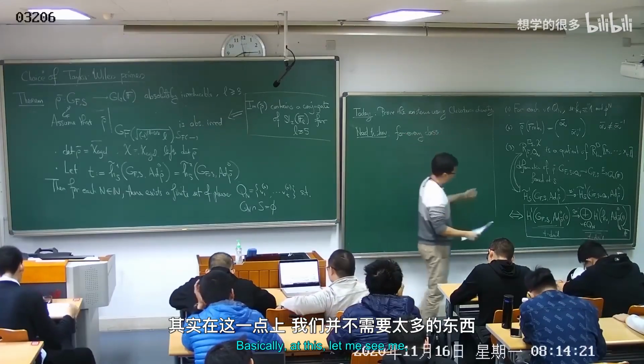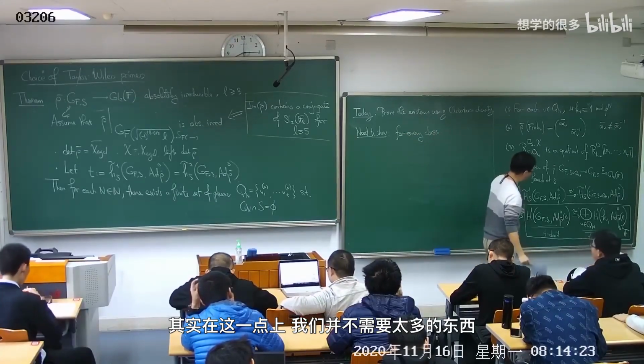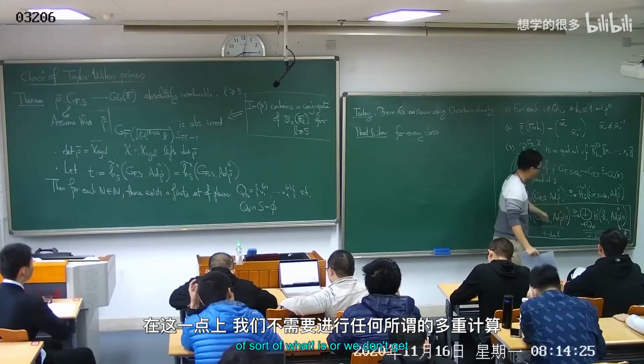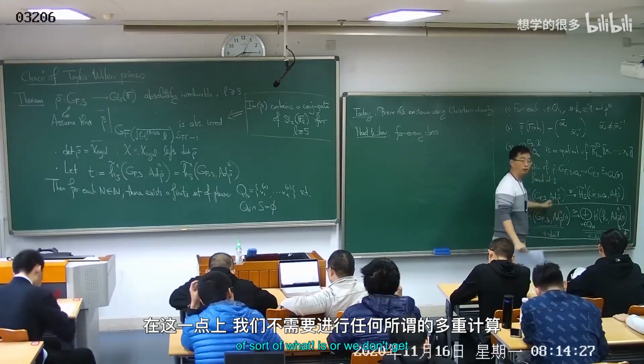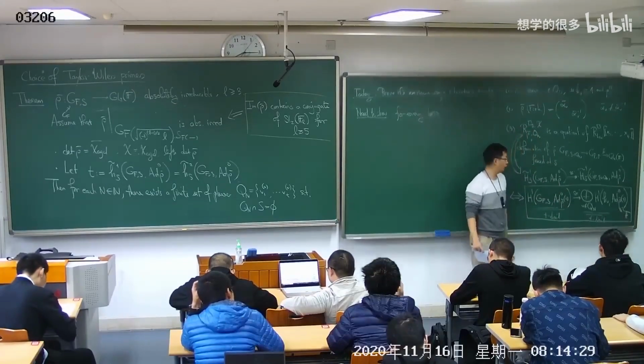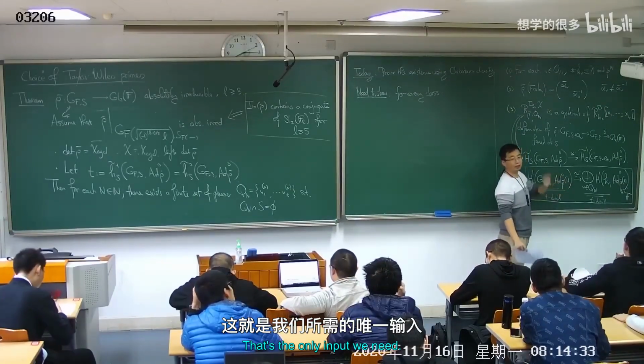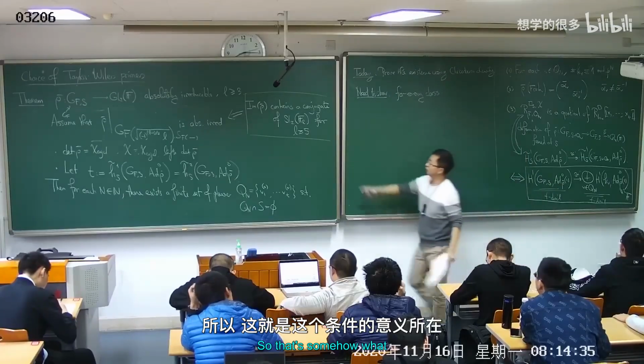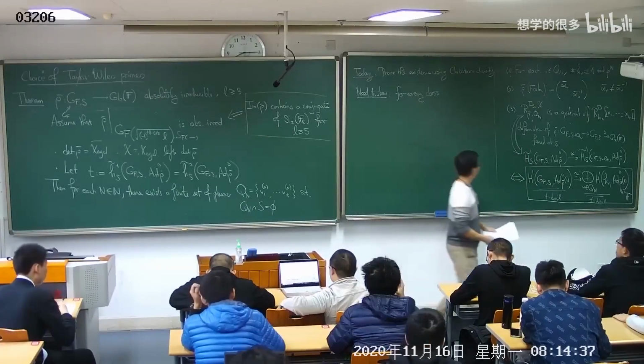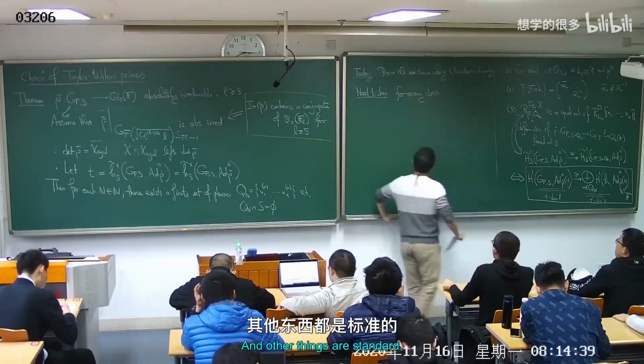At this point, we don't quite need much of what this Galois representation is, or any Galois cohomology computation. All we need is that this thing has a large image. That's the only input we need.